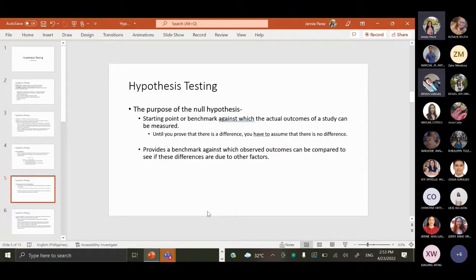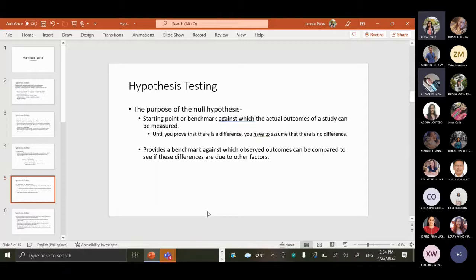So we are testing the null hypothesis actually, not the alternative hypothesis. However, whatever decision we make on the null hypothesis, the opposite of that decision is carried over to the alternative hypothesis. So either we reject a null hypothesis or we fail to reject the null hypothesis.